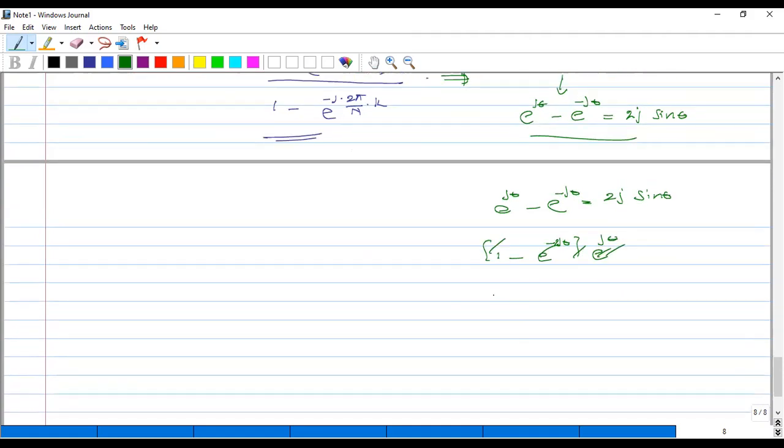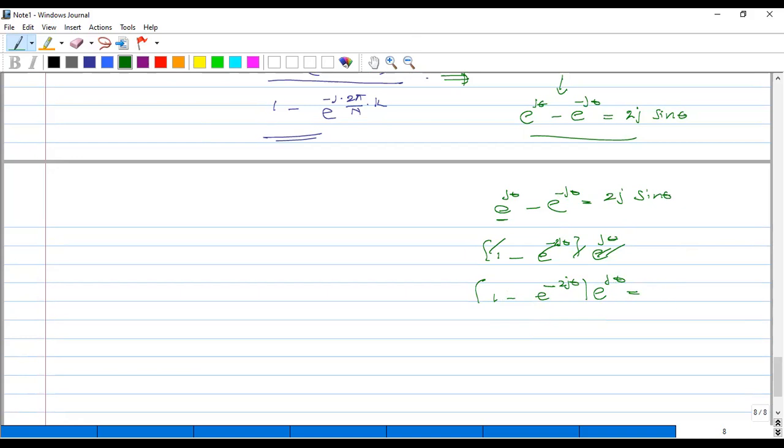So if I have 1 minus e to the 2j theta and e to the j theta, if I multiply this by e to the j theta, then e to the j theta minus e to the 2j theta, so minus 2j theta plus j theta, you will have minus j theta.